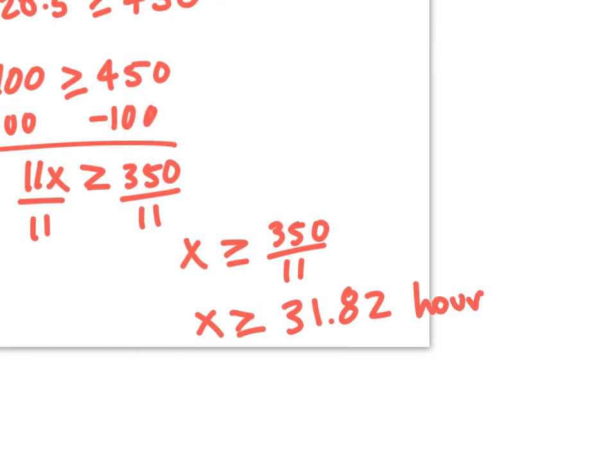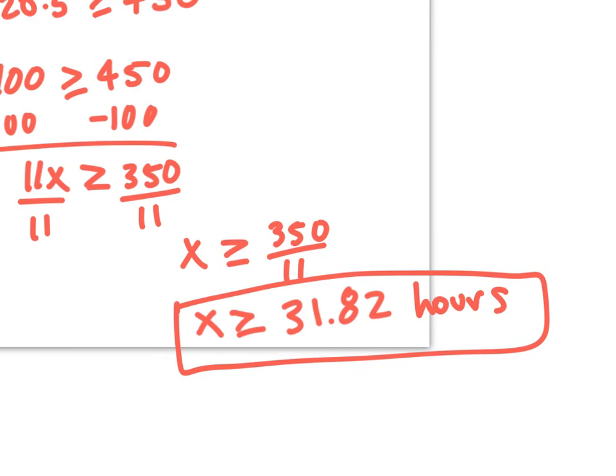So now the question is, she has to work more than 31.8 hours to make $450. Is that reasonable? If it was the other way and it was X is less than that, you had to work less than 31 hours to make $450. Does that make sense? You have to use these to help you out with the context of the problem.